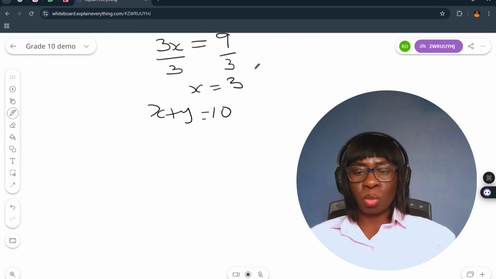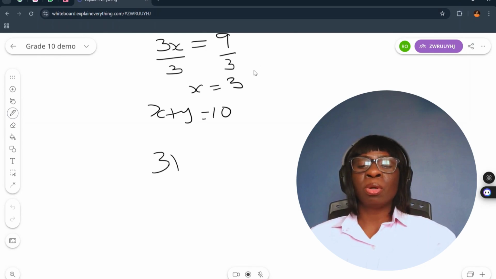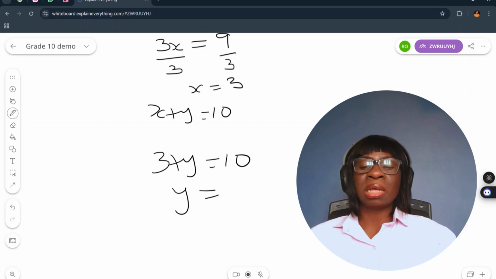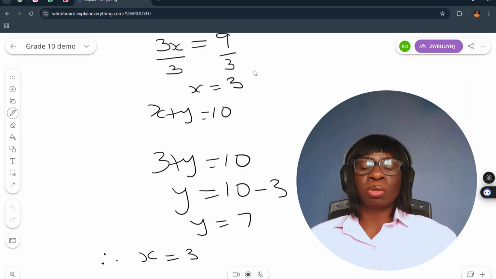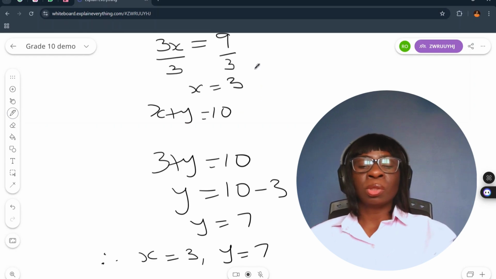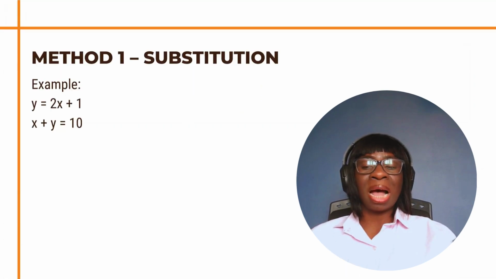So this means we will have 3 plus y equals 10. And when 3 goes to the other side, we have minus, so y equals 7. So from the given equations, x equals 3 and y equals 7. That is what we refer to as the substitution method.